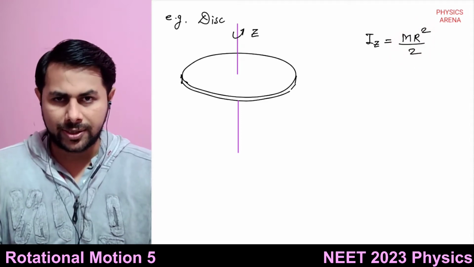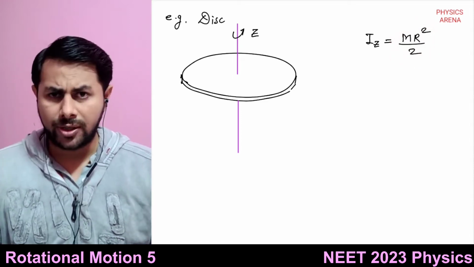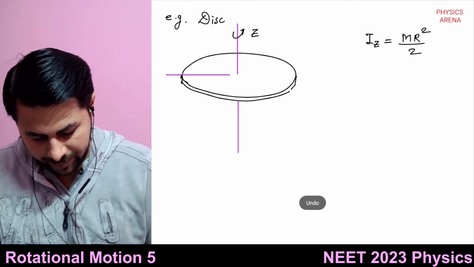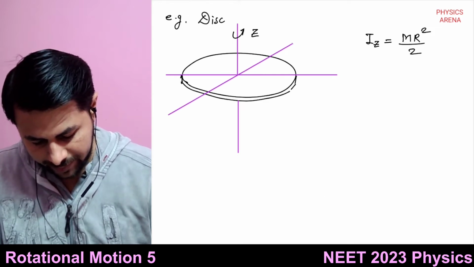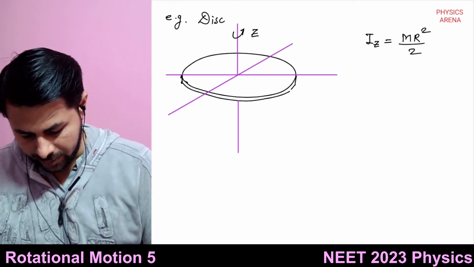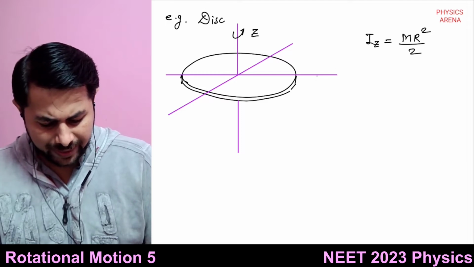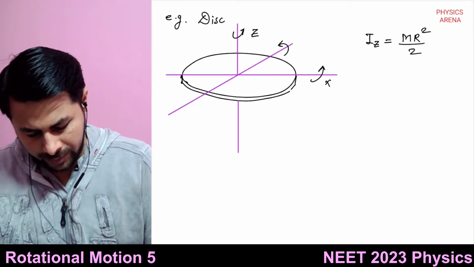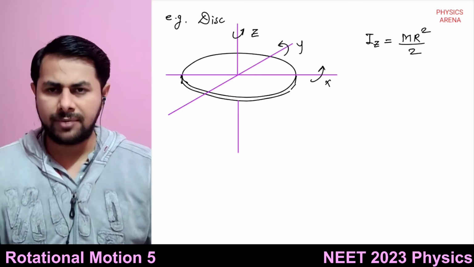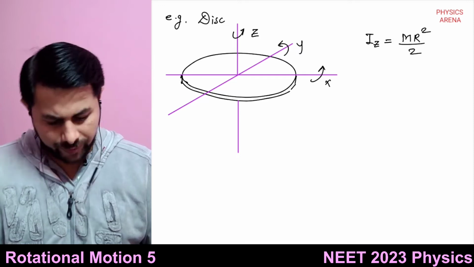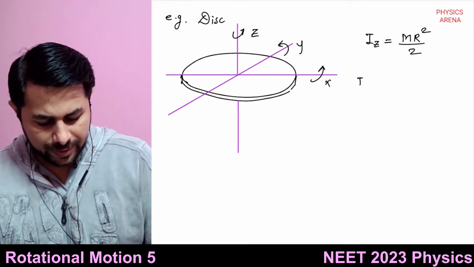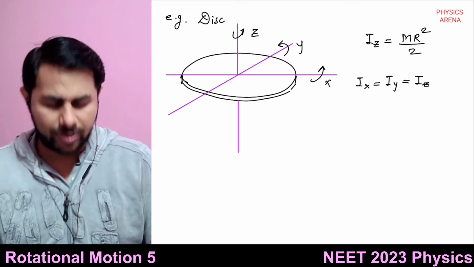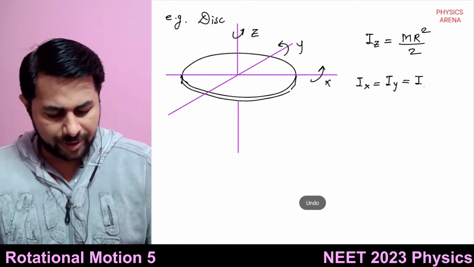Now I want the moment of inertia about a diametric axis. So we can consider this x axis and this y axis; any one of these can be called x, any one can be called y. Similar to the last problem, Ix is equal to Iy, and it is equal to the moment of inertia about any diameter.